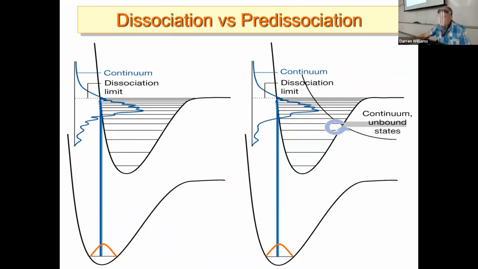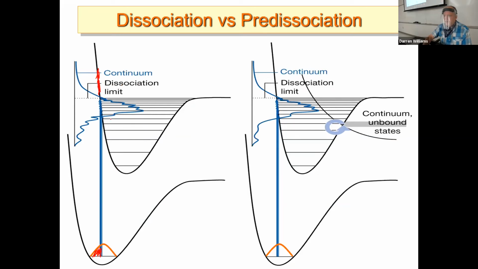This is dissociation versus predissociation. Notice if I have this particular overlap of potential energy surfaces, this part of the wave function down here actually would send the molecule up into this region here. And notice there's no vibrational levels up here.